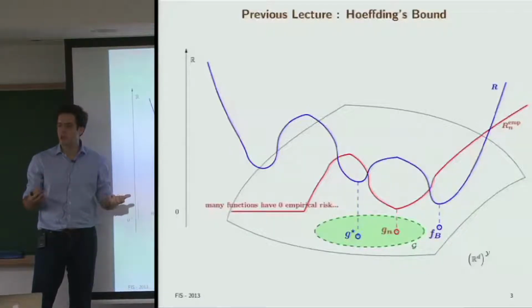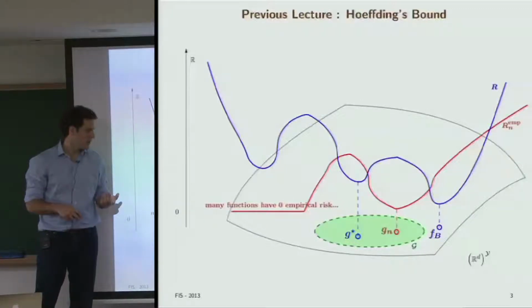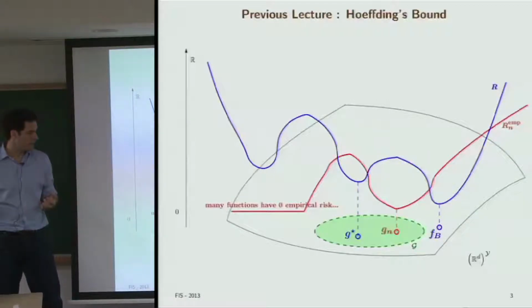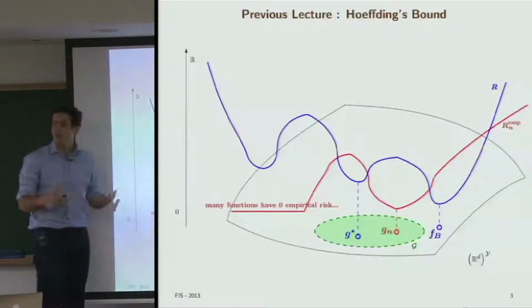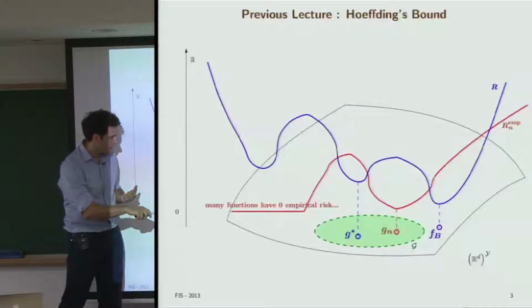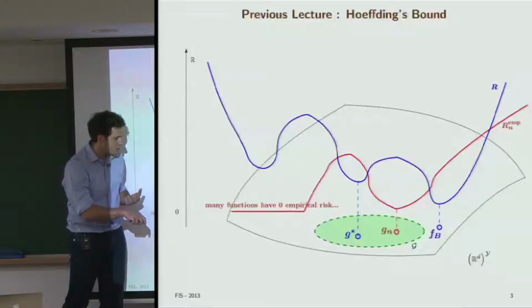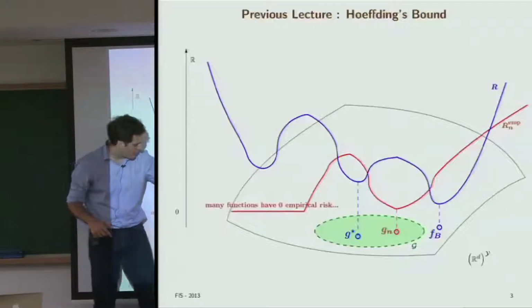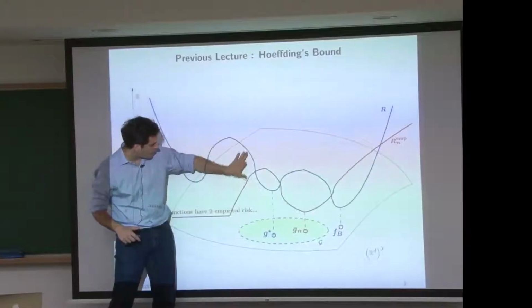It's been costly to gather it. We optimize GN, but then we cannot have it twice, and we cannot use Hoeffding's bound on that particular sample to bound this. So what people do instead is that they consider uniform bounds. Uniform bounds say that for any function in G, in the whole of G, I will try to bound the difference between the blue curve and the red curve.